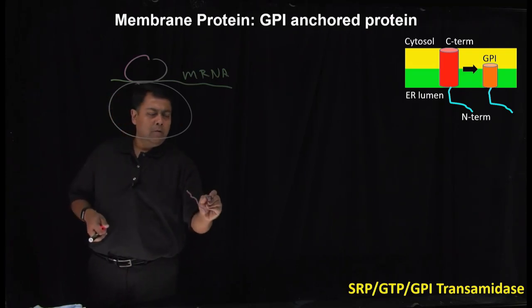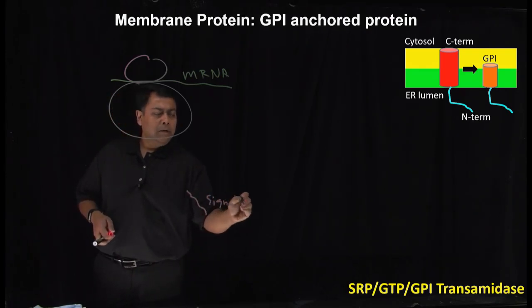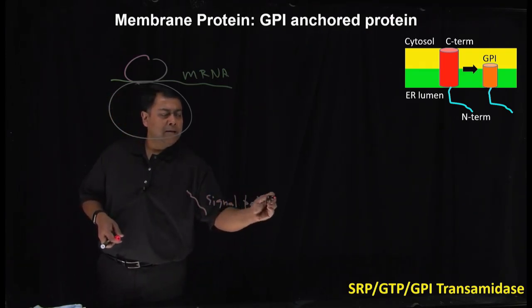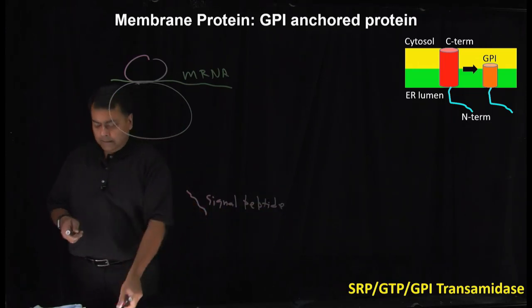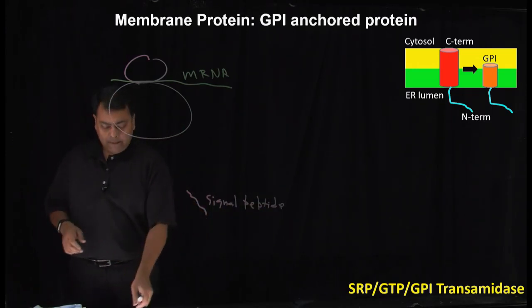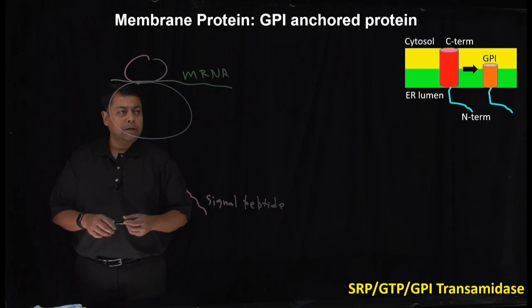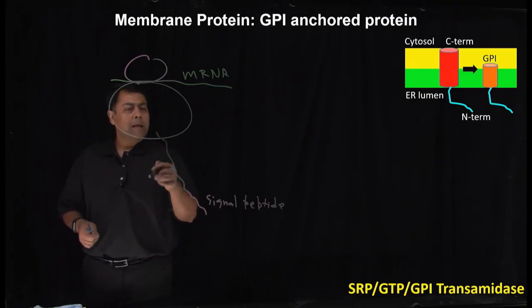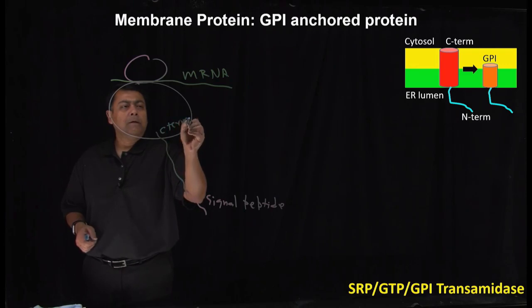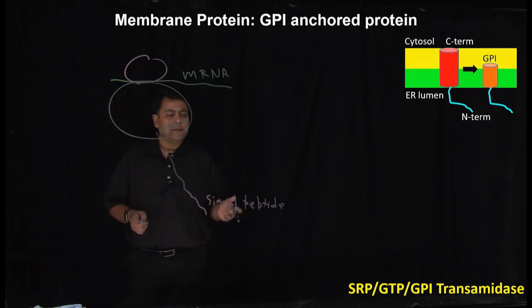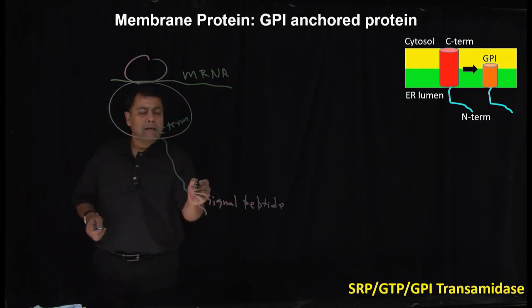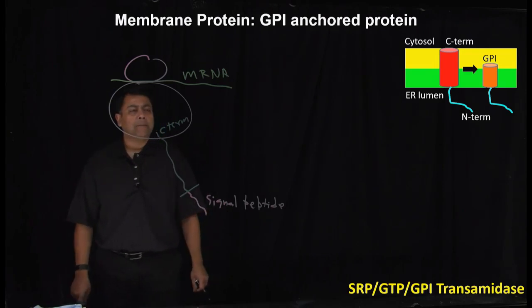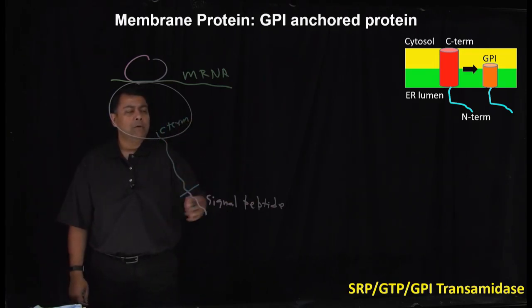Right here you have the signal peptide, exactly like type 1, and it is followed by the protein part, and this is your C terminal. And the SRP, of course, and the GTP are involved in this process, and the signal peptide will be cleaved, and this protein will be in the same orientation as the type 1 protein.